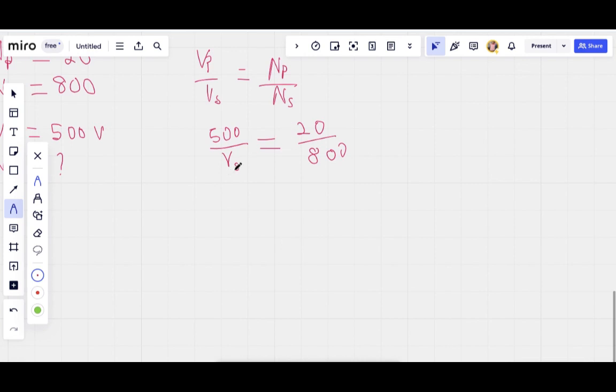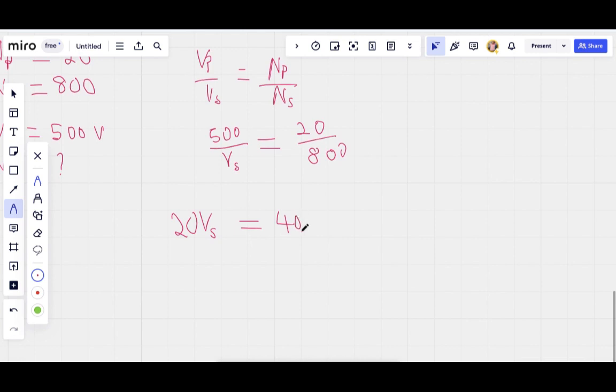If I cross multiply, I will get 20 VS is equal to, cross multiplying this and this, 8 times 5 is 40. So I write that 40 here.